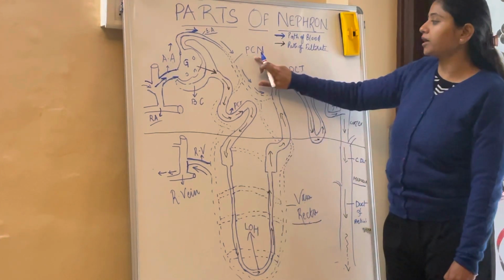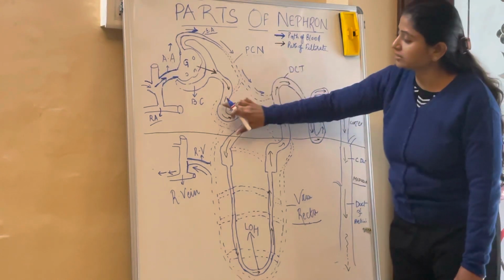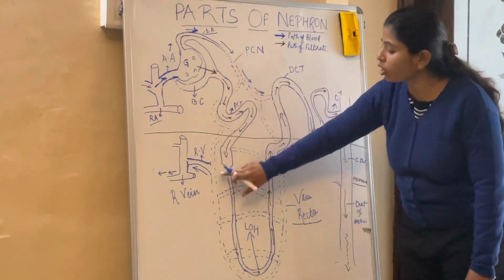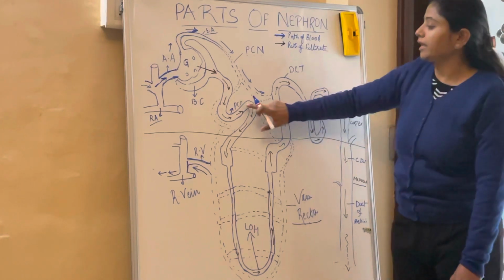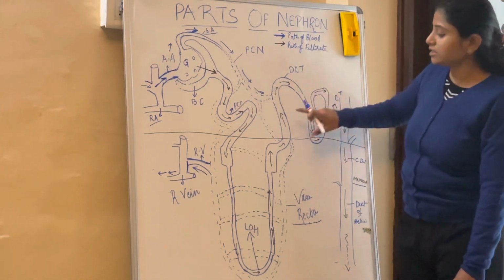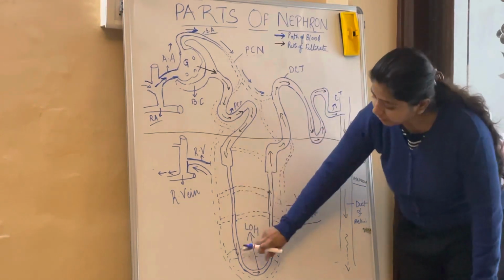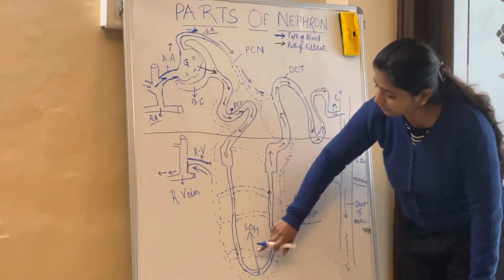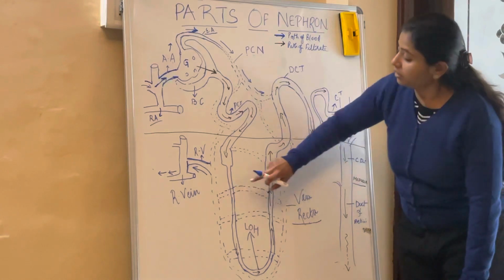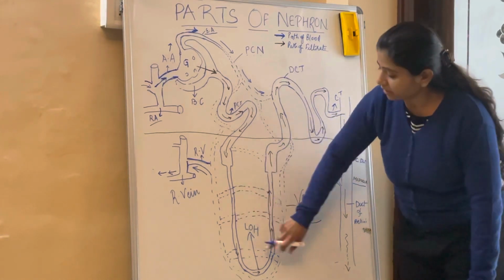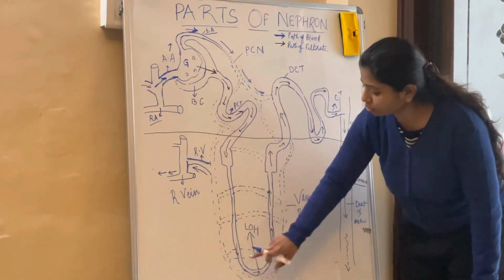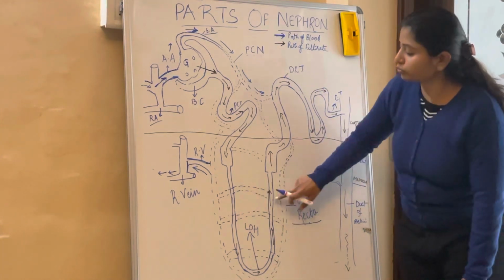See, here the loop of Henle is down and this peritubular capillary network is parallel to the limbs of the loop of Henle.